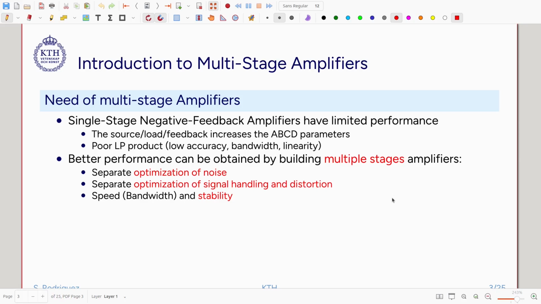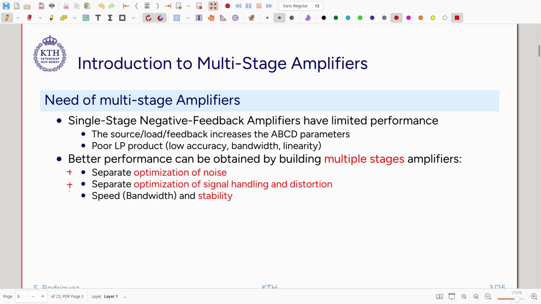The output stage, we saw in the lecture on linearity, is the one that is mostly responsible for the nonlinearity in the whole amplifier. So we optimize the output stage for linearity. Of course, we separate these problems, so these are positive things.